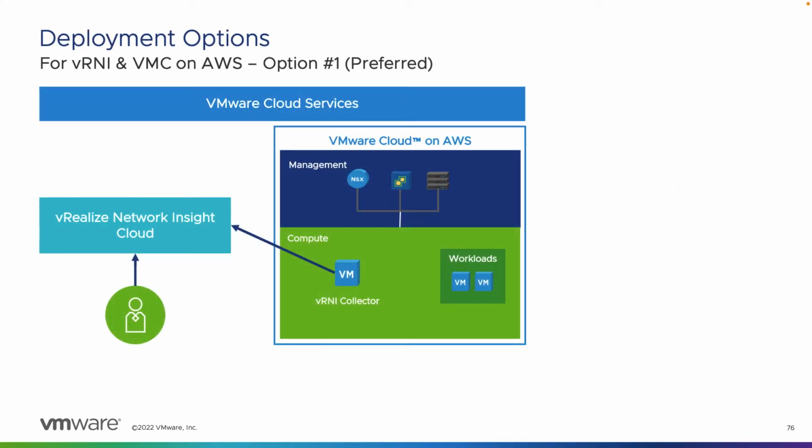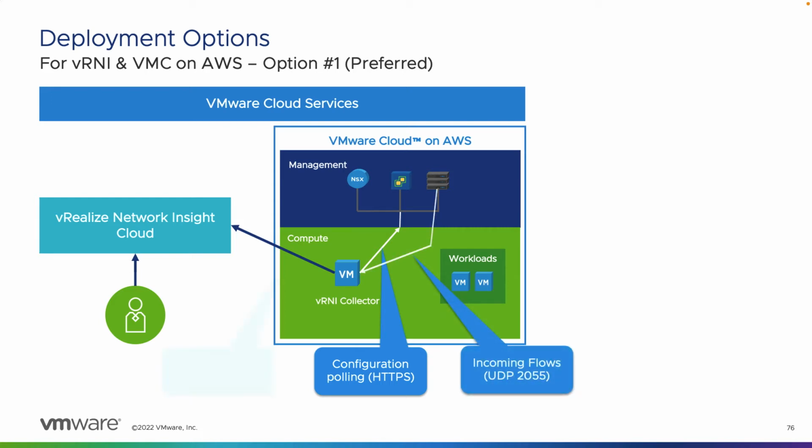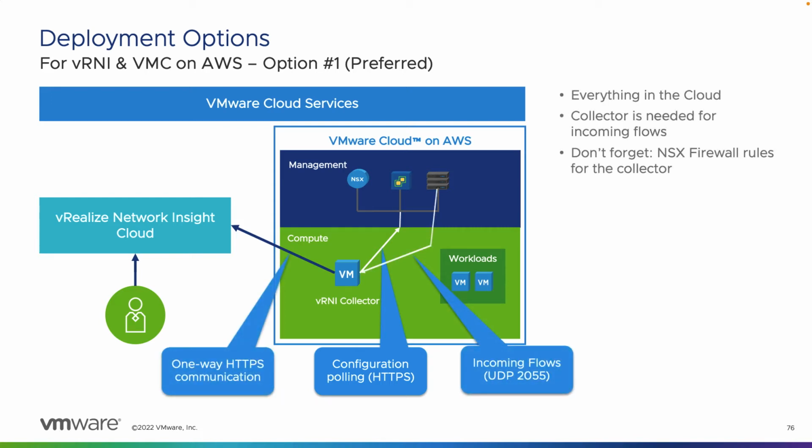So option 1, which is our preferred way of deploying within vRealize Network Insight and VMC on AWS, is going to be looking at the following configuration. So basically what we're doing here is we utilize vRealize Network Insight Cloud or vRealize Network Insight Universal because it is already hosted within the VMware infrastructure, the cloud infrastructure.